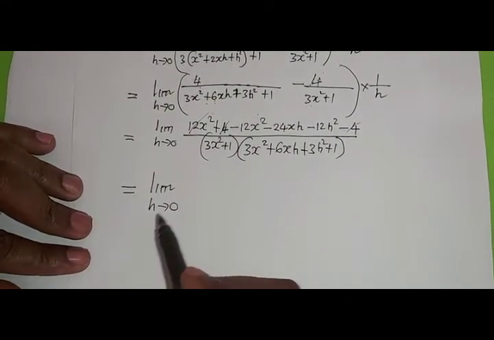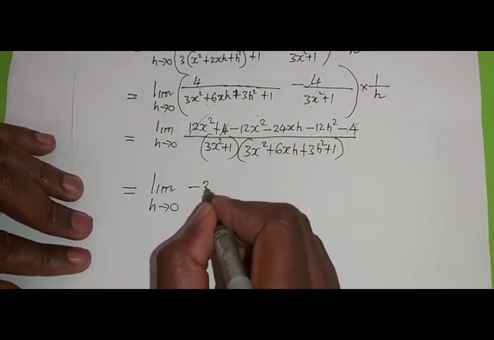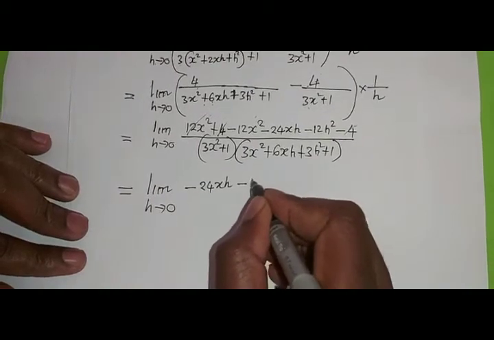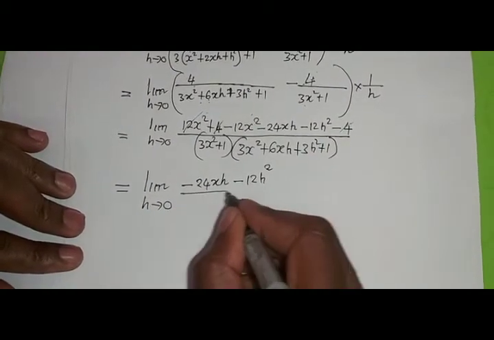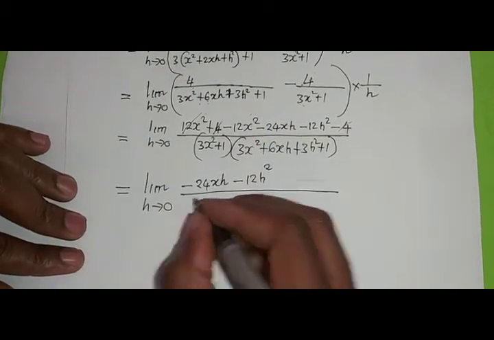Subtract them, which means I'll be left here with minus 24xh minus 12h squared all over the whole of this denominator.